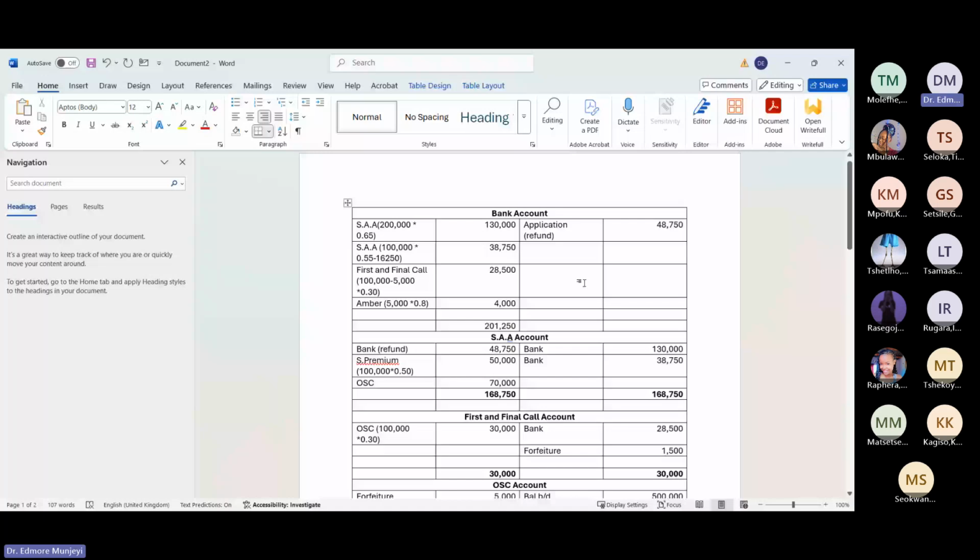That means the other side's total is supposed to be 201,250. Now there will be a balance carried down because 201,250 minus the 48,750 from the application and allotment account is going to be 152,500.